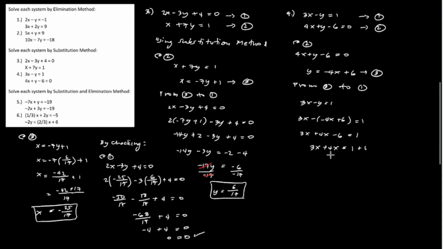And this is 3x plus 4x or 7x is equal to 1 plus 6 or 7. And divide everything by 7 to get the coefficient of 1. 7 over 7 cancel out. X is equal to 7 over 7 is 1. And this is the equation, x is equal to 1.